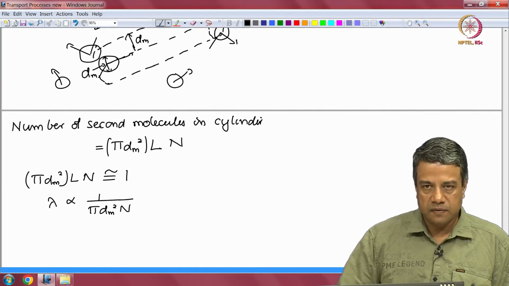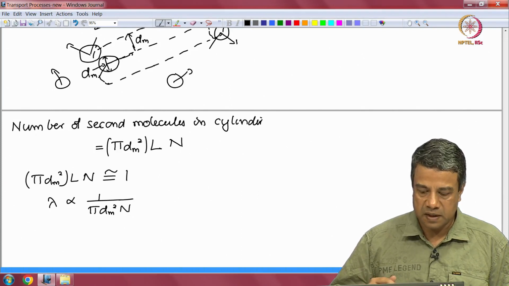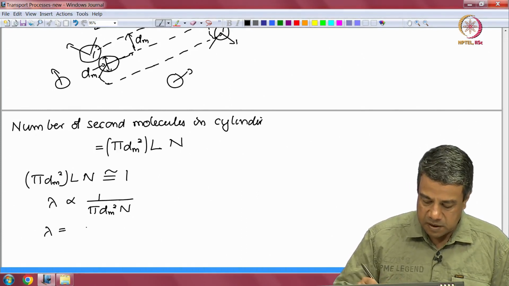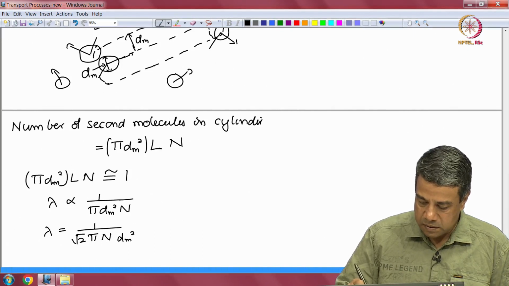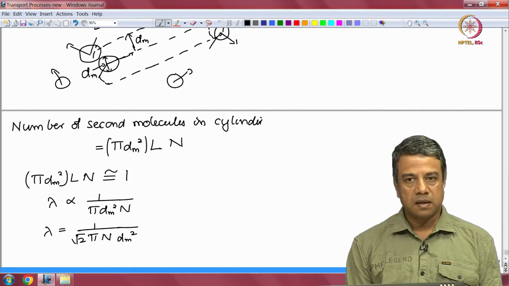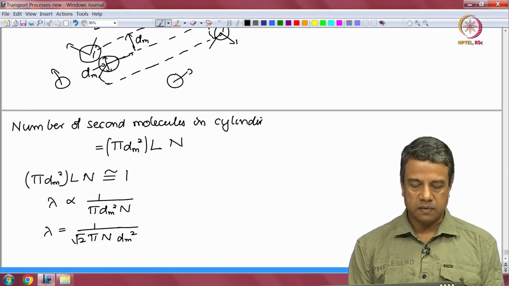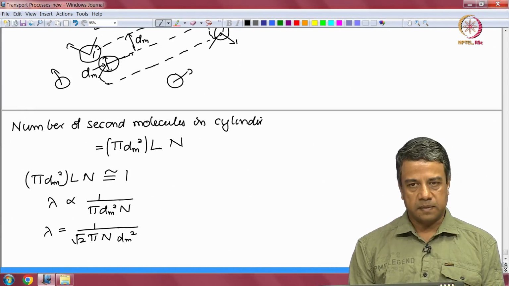The actual formula for this mean free path has an additional factor if you do a more exact calculation, and the mean free path turns out to be 1 over root 2 pi n dm square. So, that is the mean free path, or the distance between successive collisions of a molecule of diameter dm, number density n.